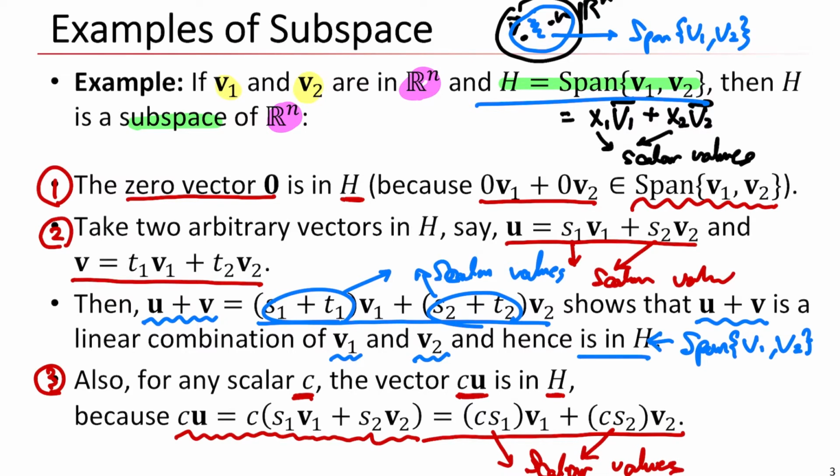Then we can say that c times u is a linear combination of v1 and v2. So the third property is also satisfied. So from here we can say that the span of the vectors v1 and v2 is a subspace of the Rn space. Okay, so this is one example of a subspace.